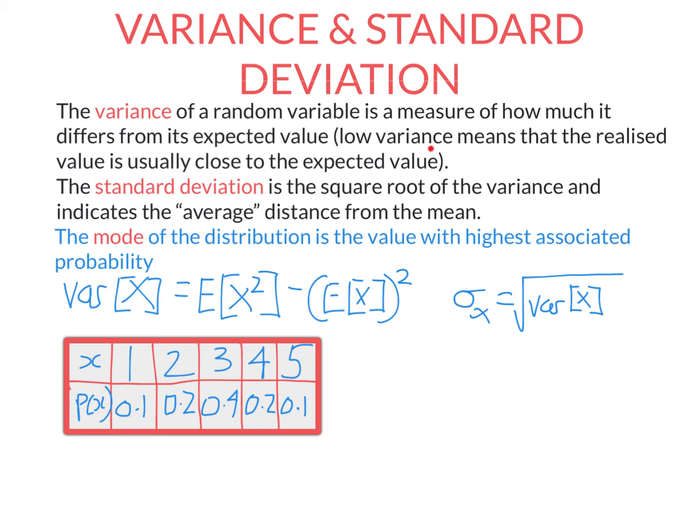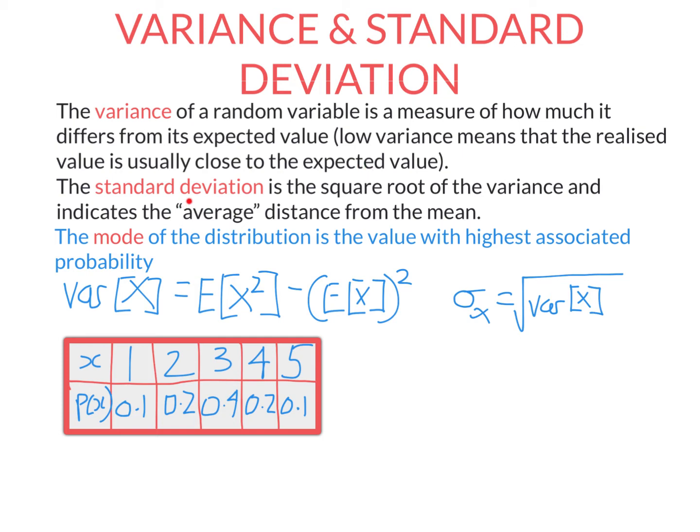So the lower the variance, the closer the values that actually come up are to the expected value. If you have a high variance, high variability, it means the actual values that eventuate are often quite a distance away from the expected value.